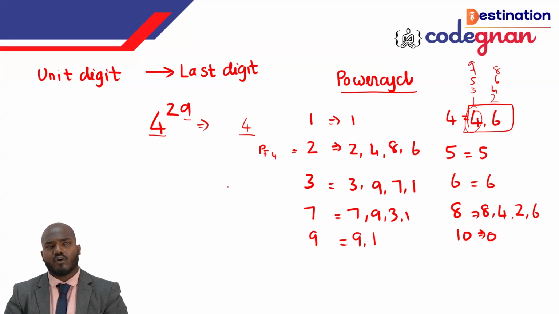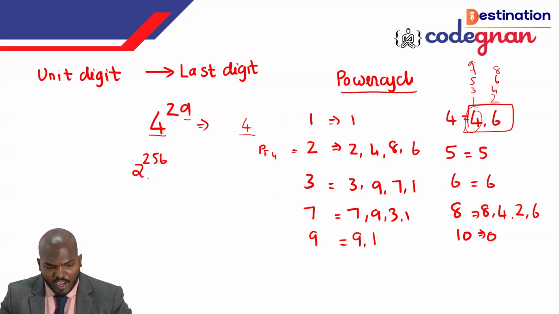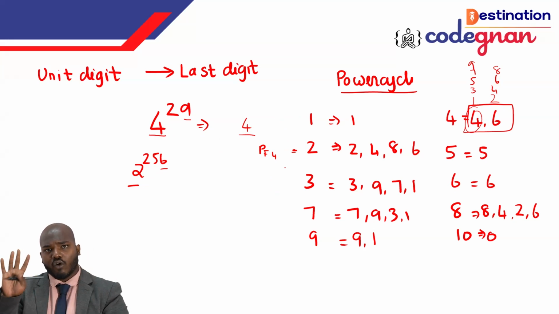If you take the number 2, I'm suddenly asking you what is the value of 2 power 256. Okay, I don't know what the value is, but I'm taking the base value as 2 and the power value is 6. The exponent is coming as 6 here in this one. So I'm thinking that my power cycle of 2 has 4 factors.